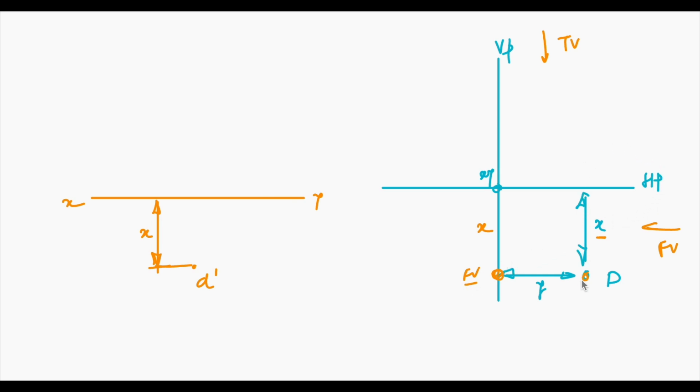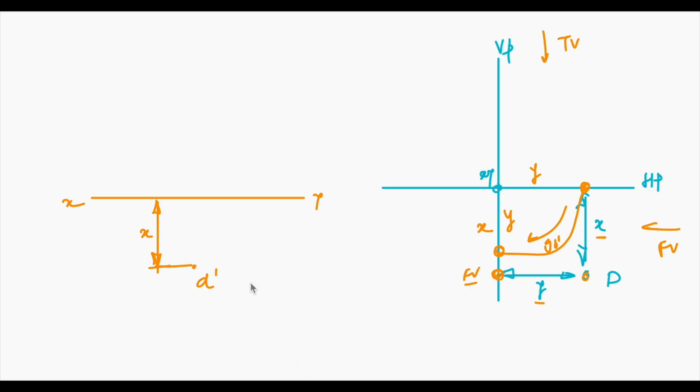When you draw its top view it will be located over here. Distance from vertical plane is x, so same distance will be taken for the top view. Now it is appearing on the HP, so rotate that plane in clockwise by 90 degree, so the top view will get shifted again below xy and distance is going to be x.